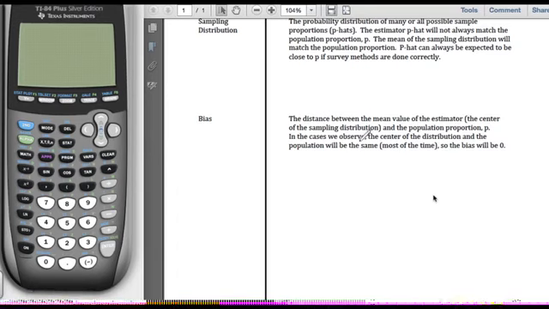In the cases that we observe, all the sampling will be done for us, so we're going to assume that there's no measurement bias. We're going to check that there was a random sample so we can avoid that sampling bias. And we're going to assume the center of the distribution and the population will be the same, so the bias will be 0.